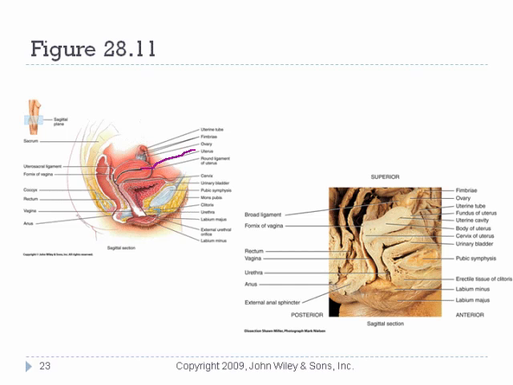And so we can look at the uterus. The uterus lies slightly superior and a little bit posterior to the urinary bladder.